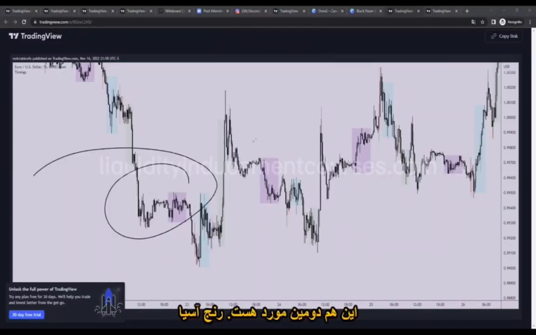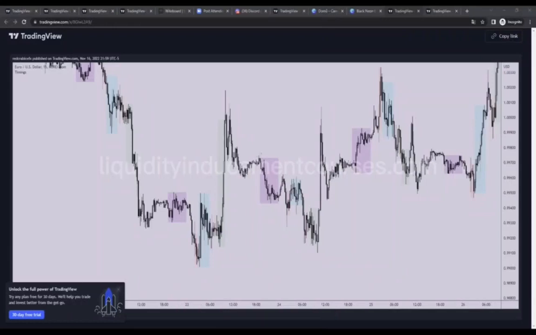This is the second one, Asian range, pre-Asian, let's say. This was 15 minutes prior to Asian, but you can call it an Asian stop hunt as well. Asian range stop hunt, break of structure, and this would become protected for you. And with this, the price didn't do anything major to the left, right?